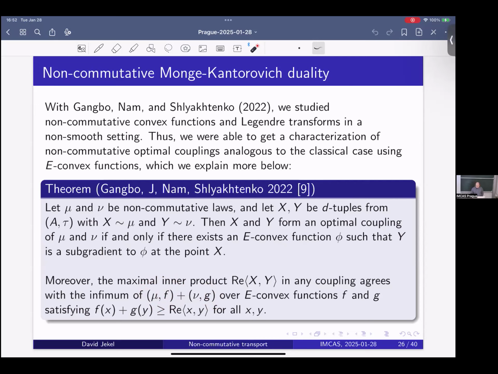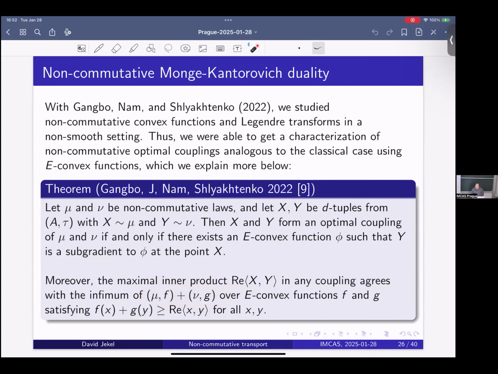The Monge-Kantorovich duality has a couple of different statements to it, but one thing is that the maximal inner product is realized by the infimum of something else. So the supremum of one thing is the infimum of something else, and the infimum of something here where you have just functions of x and a function of y that are separate.